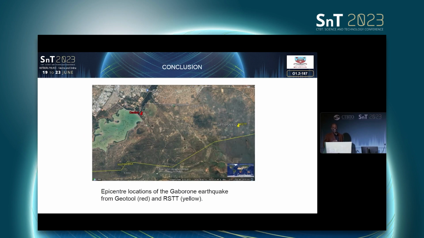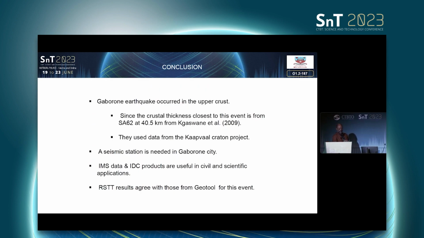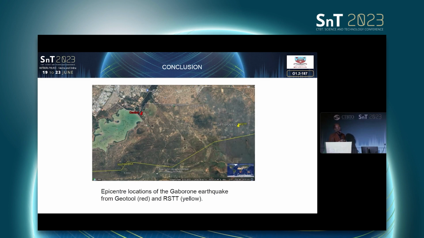Why is this event of interest? This is an event which is right in the city and at a critical infrastructure. As you see, I don't know how clear it is. I wish my pointer was the one which I use for pointing that side. But it's closer to the dam there. The red place marker there is the Gaborone Dam.